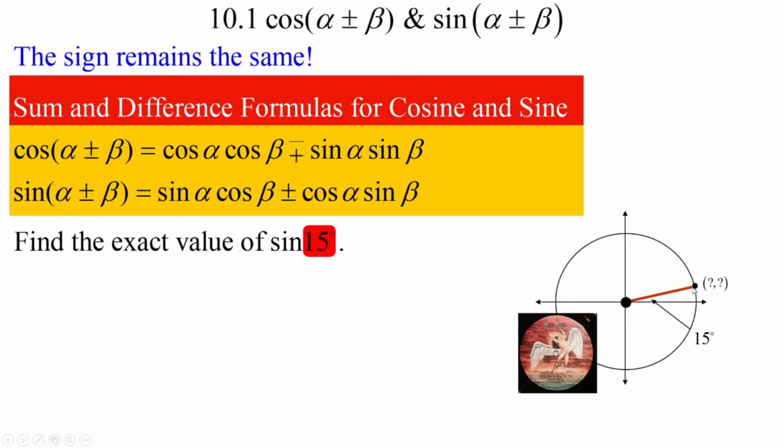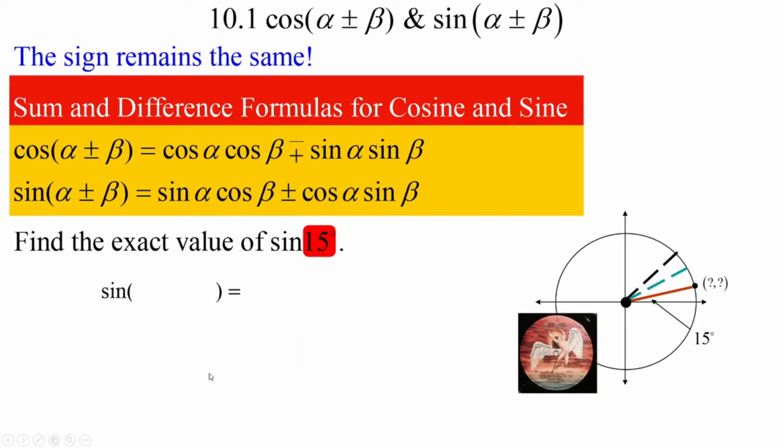Now, what do we know? Well, we know the terminal point for 45 degrees, and we know the terminal point for 30 degrees. I know the coordinates of this point and that point on the unit circle. And could I use those two angles to come up with the output of sine of 15 degrees? We can with these identities above.